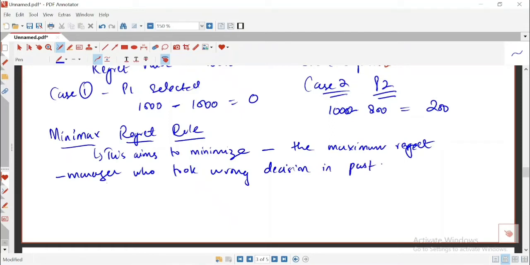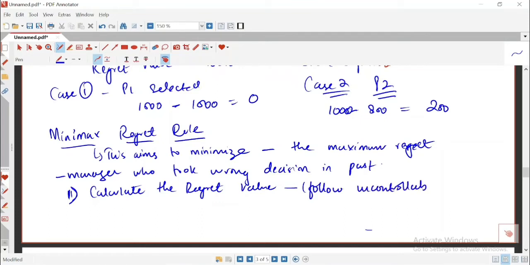So the steps are, सबसे पहले आप क्या करो, कैलकुलेट द रिग्रेट वैल्यू. यहाँ पे वी आर गोइंग टू फॉलो uncontrollable options. Second, we are going to say find maximum regret, कि maximum regret आप कितना कर सकते हो.